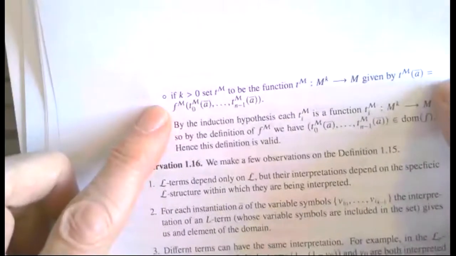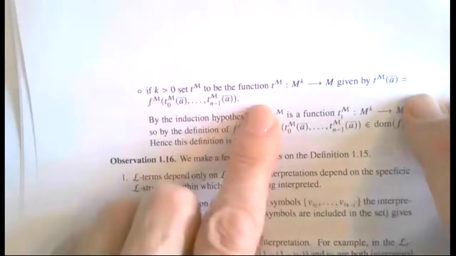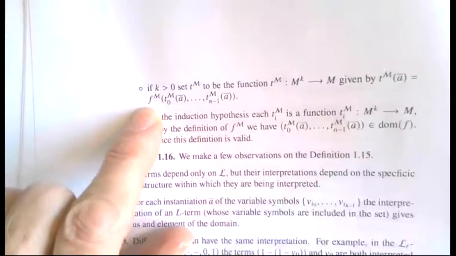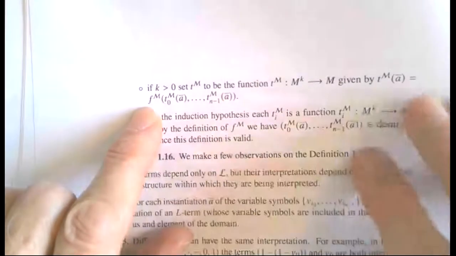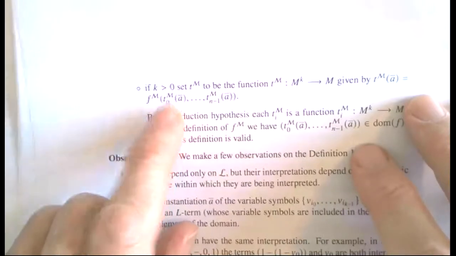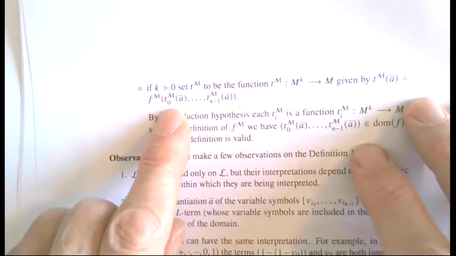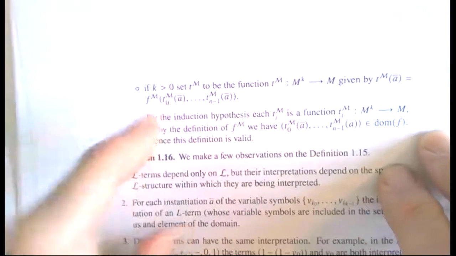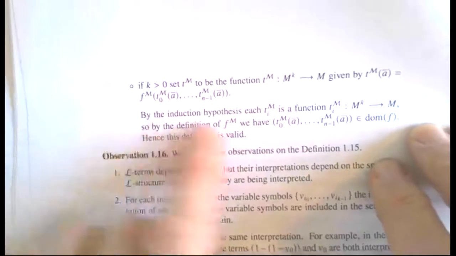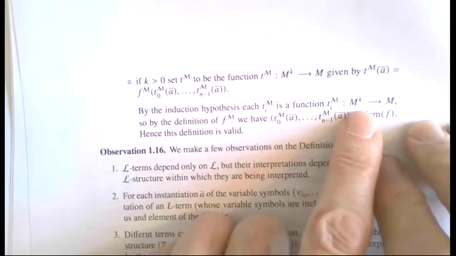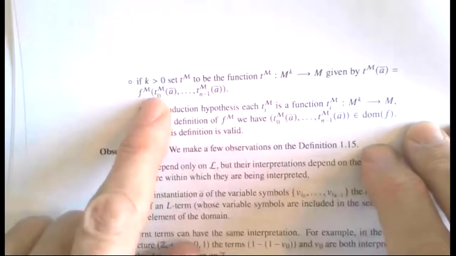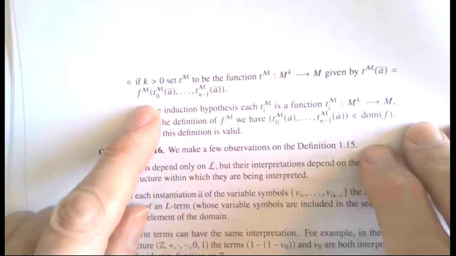And then when k is bigger than 0, the k-ary function is obtained from applying the function f in the structure to the interpretation of each of the terms within the function here. By induction hypothesis, these are also k-ary functions. So altogether, we've got something that's just a k-ary function here.